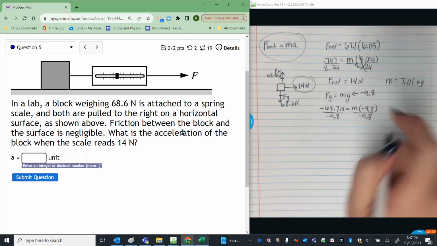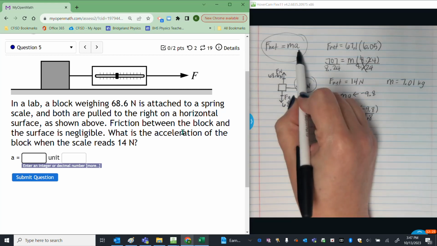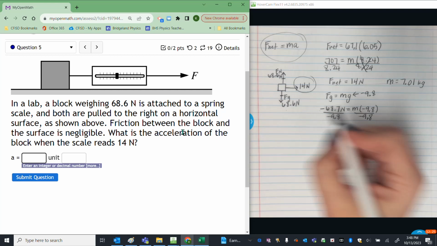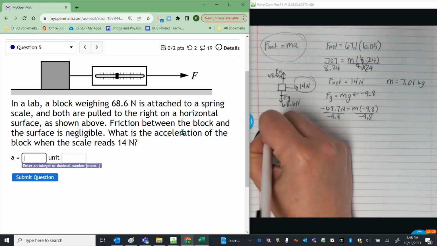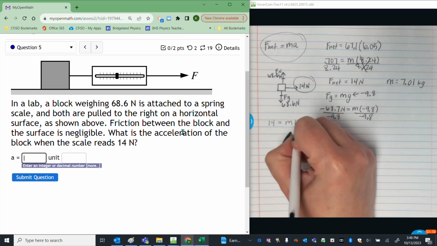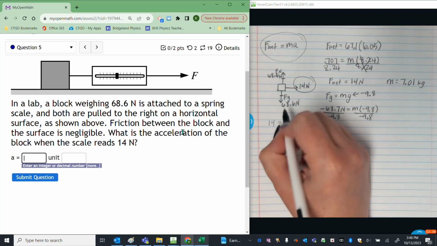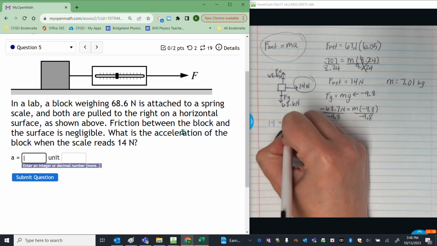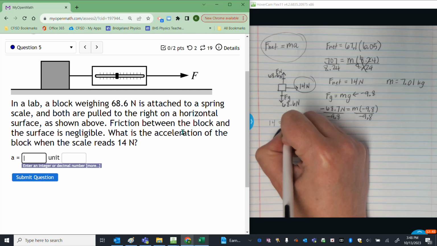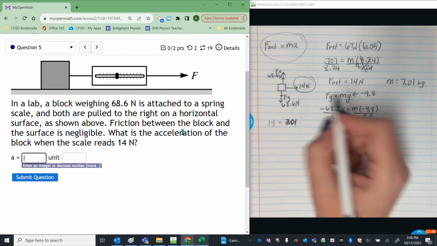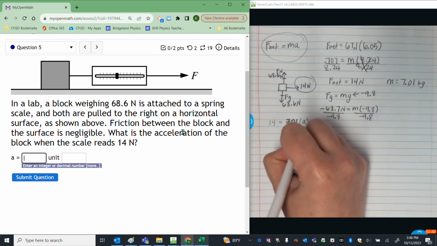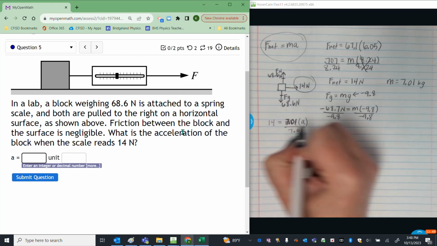We can now use these to solve for acceleration, which is what the question is asking for. So F net equals ma. Let's substitute in. F net is 14. It is equal to mass, which in this case is 7.01. We found that a second ago, times a. We're looking for a. I need to divide both sides by 7.01.